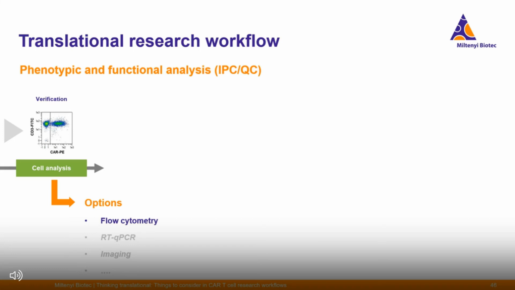You check your cells, and there are different options. You can do it via flow cytometry, but there are also others. You can do omic analysis, maybe also stainings or real-time qPCR, and there are a lot more methods to phenotypically investigate or assess the functionality of the CAR T cells.